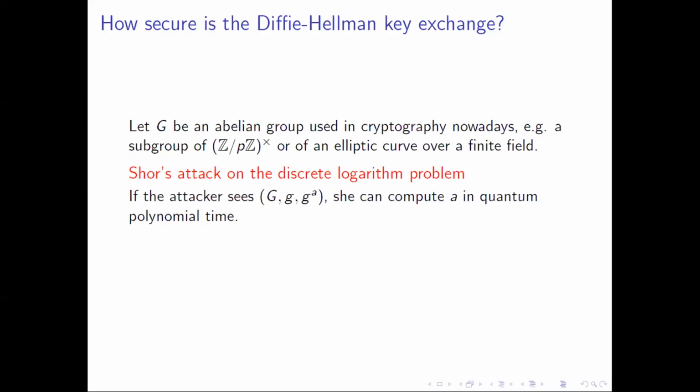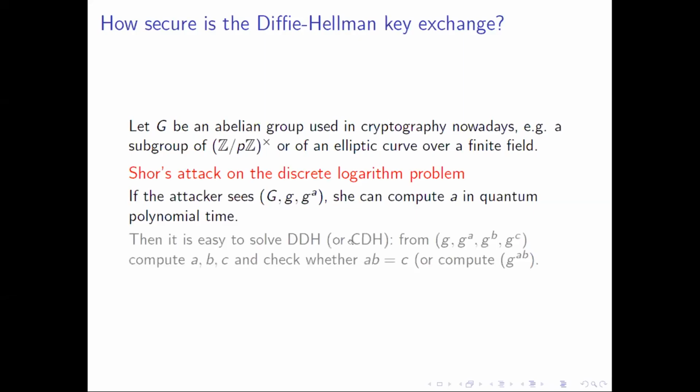Shor's algorithm allows you to compute a from knowing g and g^a in polynomial time using a quantum computer. And then, of course, it's very easy to solve the decisional or the computational Diffie-Hellman problem.